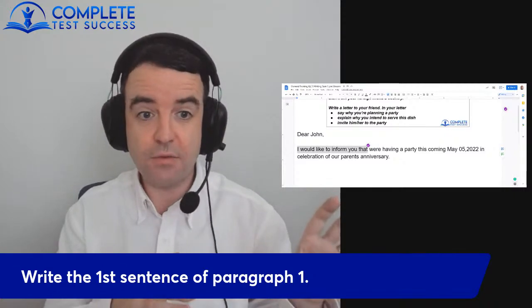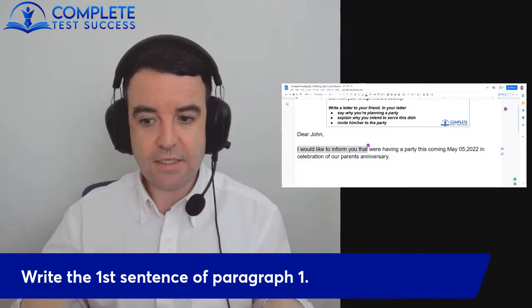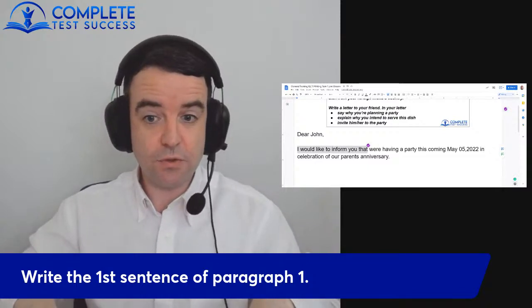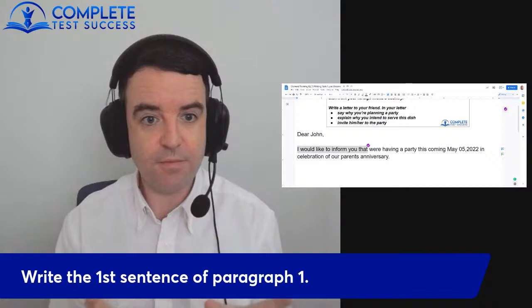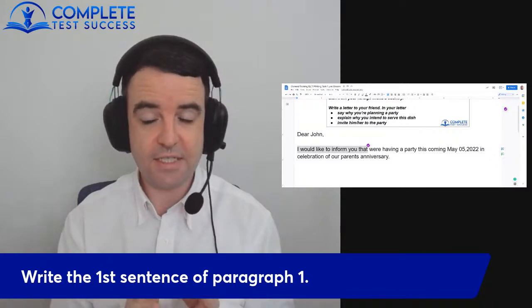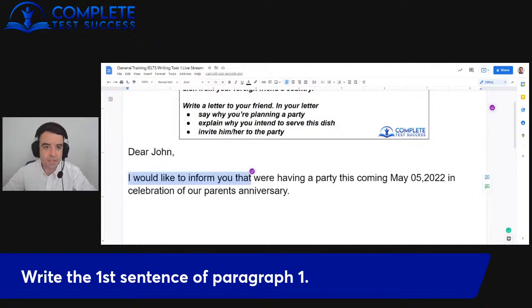So no formal language in an informal letter, no informal language in a formal letter. That's incredibly important for your task achievement score. So the content, the information in Lorraine's sentence is good, but the tone is unfortunately not appropriate. So I would like to inform you that's okay for a formal letter, but not for informal.